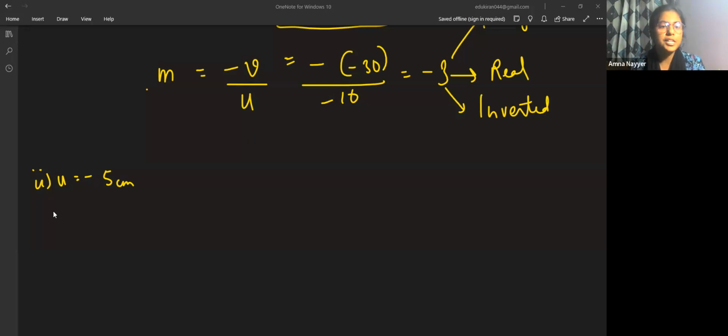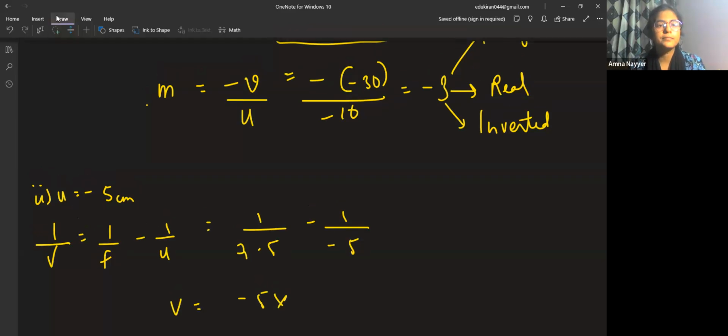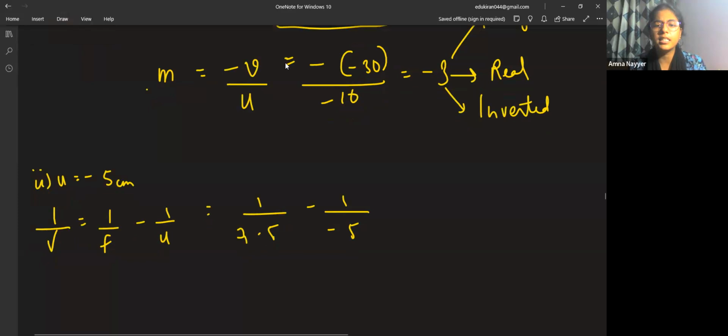Till magnification solve. 1 by v will be 1 by f minus 1 by u. So again, 1 by f is minus 7.5. This will be 1 by minus 5. So this becomes minus 5. I think till now only Amna has answered it correctly.